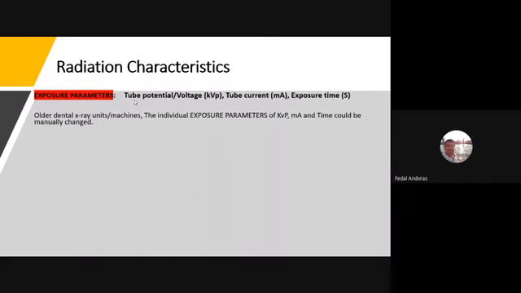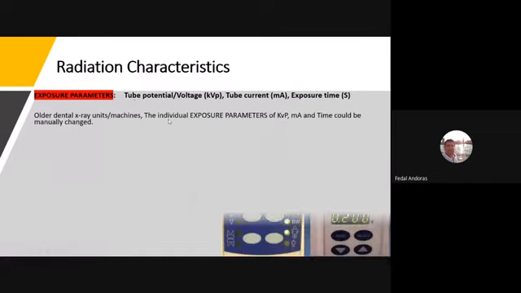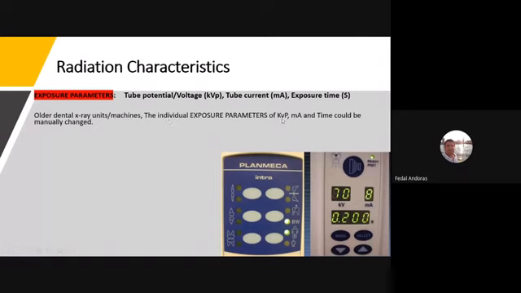So older dental X-ray units or machines, the individual exposure parameters of kVp, mA, and time could be manually changed. الأجهزة القديمة عادة كانت تجي الKV والMA والexposure time, you could change these manually.